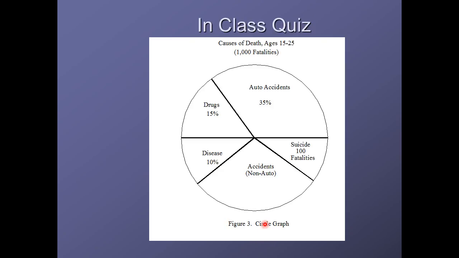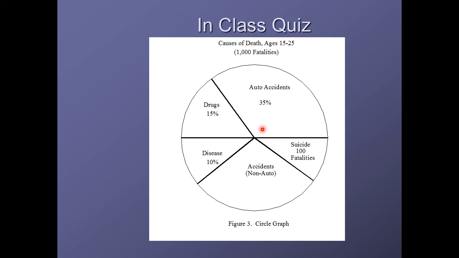Now let's say I have to answer how many people died from automobile accidents. First of all, as you can see, from automobile accidents the people are dying at 35%, right? So we have to find, what is the base given here? Let's get back to the percentage problem. The base is 1,000, right? Because the total fatalities are 1,000. The rate given is 35%. So the portion is unknown.